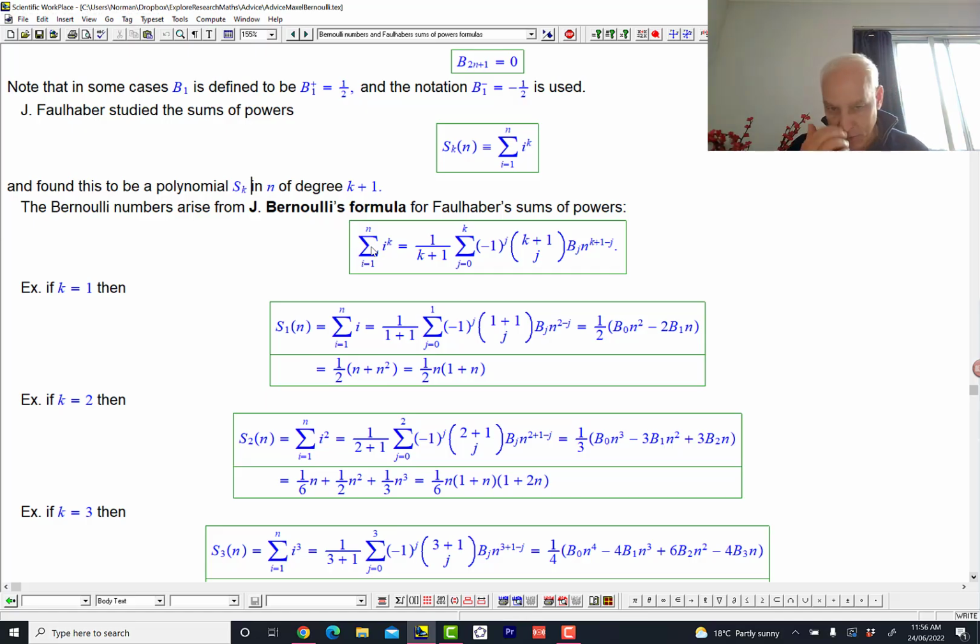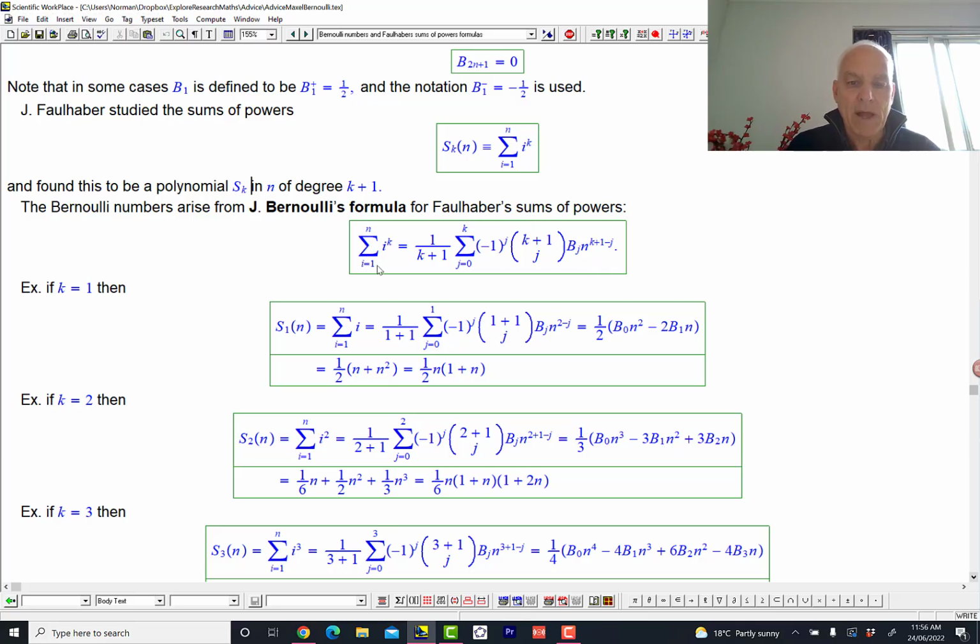So Faulhaber created these polynomials, discovered them up to about k equals 17, and then many decades later, Bernoulli came along and expressed them more succinctly involving these Bernoulli numbers. So here's his formula for the Faulhaber polynomials.